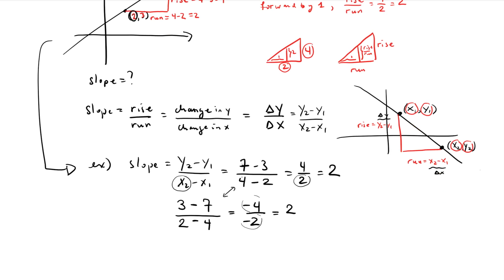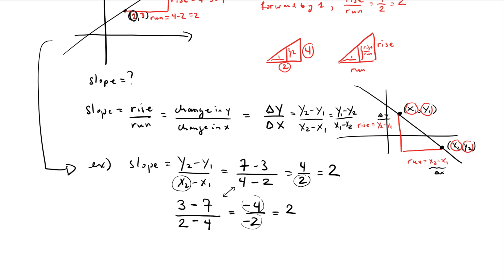But that's okay. At the top, the sign of the subtraction of the y coordinates will change as well. So in fact, I can say this is also the same as y1 minus y2 over x1 minus x2.